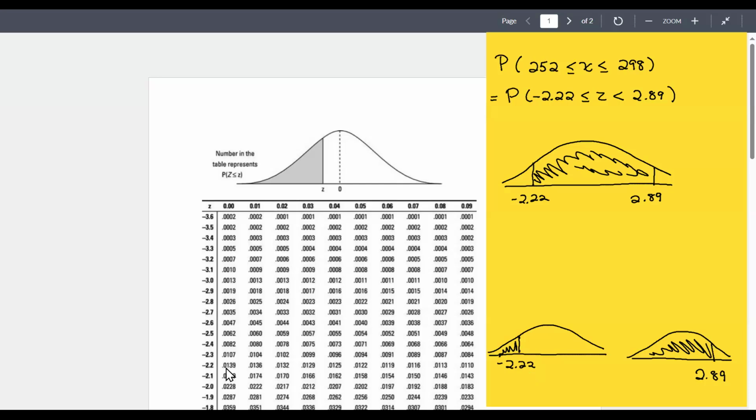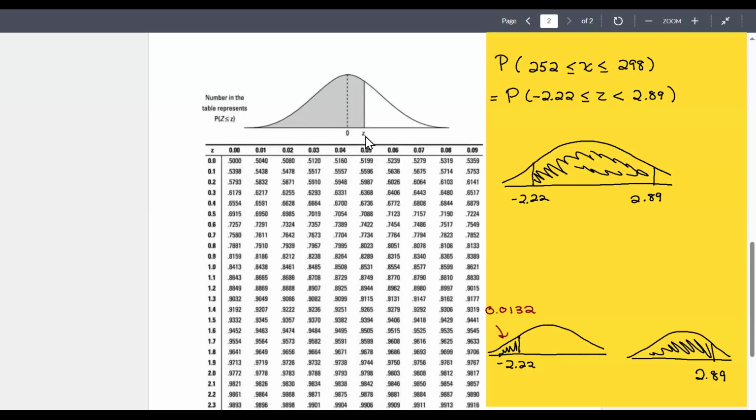well, that's just going to be, there's my negative 2.2, and then there is my other 2, my 0.02. And we see that this area right here is going to be 0.0132. Now we just need the area to the left of 2.89, or less than 2.89.